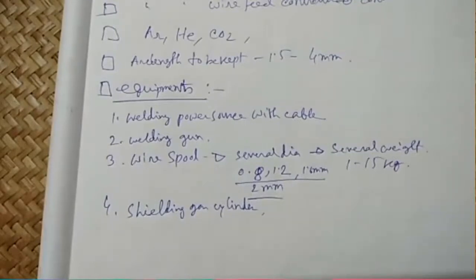Otherwise, if you use small diameter wires, you need a very long time, and in that time the welding gun will get hot. So whenever the gap is bigger and you need to fill more material, you need a higher deposition rate, higher melting rate, so you use higher currents and bigger diameter wires.